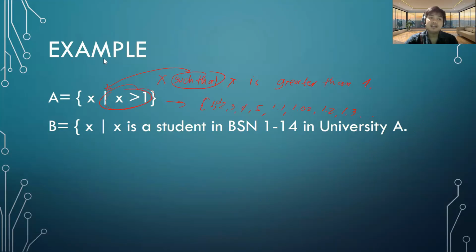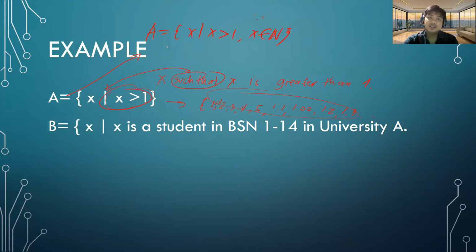Pero if we add other conditions para mas mailista natin ng maayos. So, for example, let's fix this. A is equal to x such that x is greater than 1 and x is an element of natural numbers. So when we say natural numbers, yun yung numbers na 1, 2, 3, 4, 5, 6, 7. So nag-start sa 1 up to infinity.